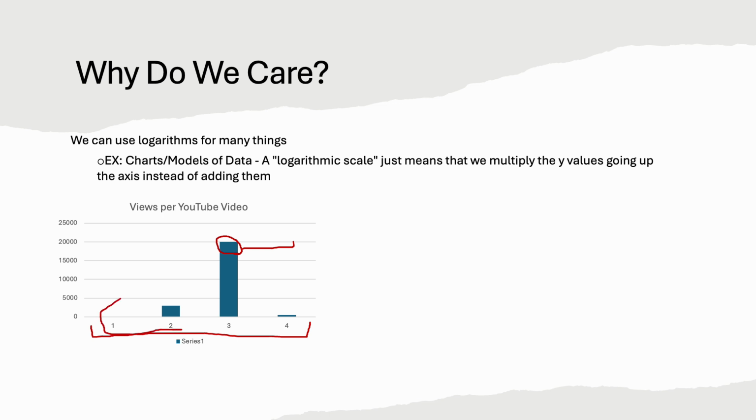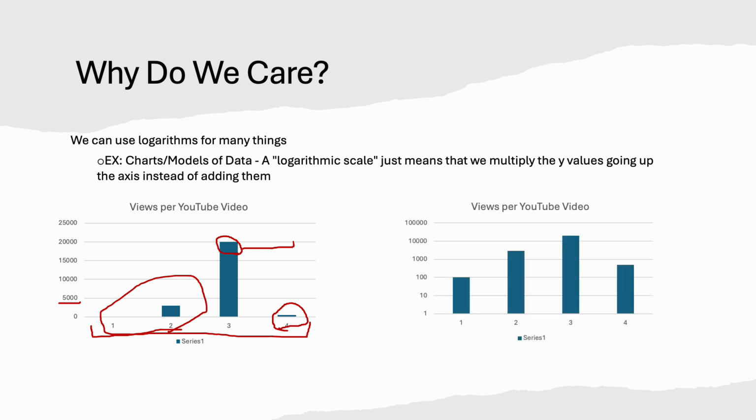But these 3 down here, well, we can't really see how many views they have very accurately. We know it's less than 5,000, because it's the lowest level on the chart, but they're not at all on the same scale, and so we can't really measure them accurately. But if we have a logarithmic scale, we can measure them really accurately.